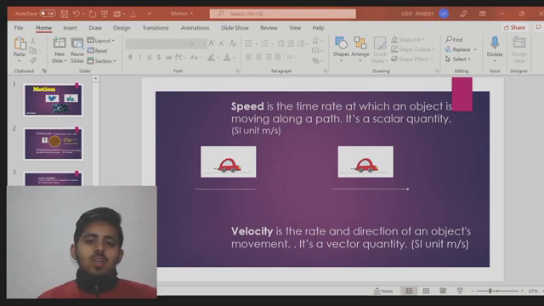As I told, to be a vector quantity, a quantity must hold the direction as well. But velocity is the rate and the direction of an object's movement. So definitely, if it has the direction along with the rate at which the object is moving, it is a vector quantity. The SI unit for both speed and velocity is meter per second.